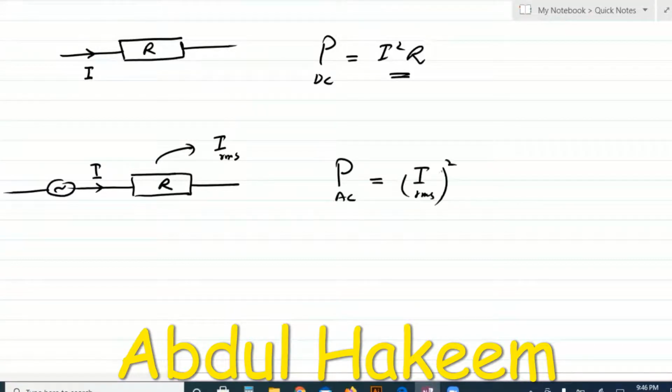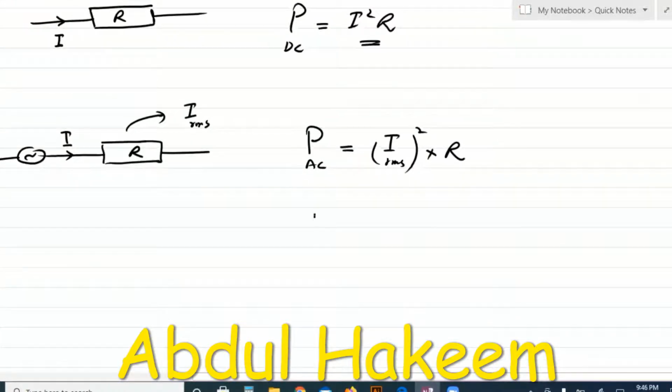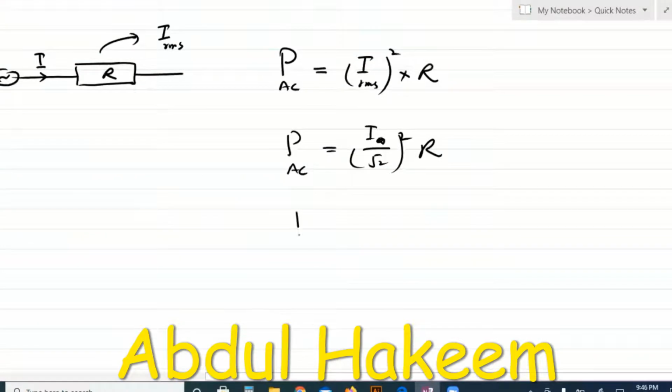So the power from the alternating current will be I RMS squared times R. Now the AC power is equal to I naught divided by root 2, squared, times R, and this I naught is I. So we can write the power from the alternating current as I squared R divided by 2.